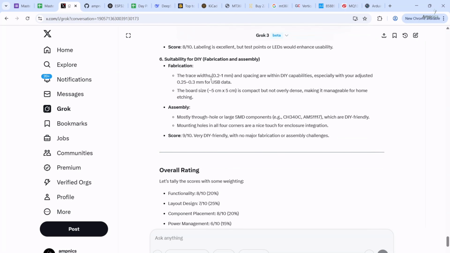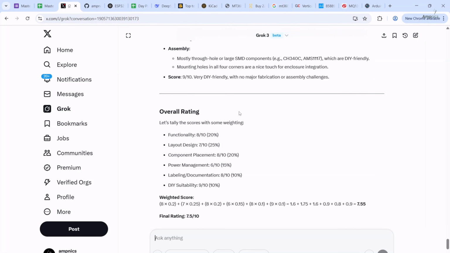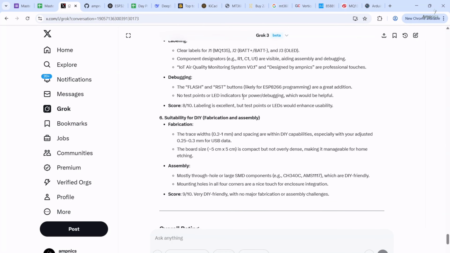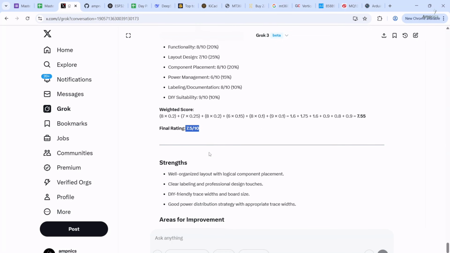I will attach this chat in the description box. Also, you can check it by yourself. But the overall rating is about 7.5, or like 8.5, because as I said, we already poured the ground.